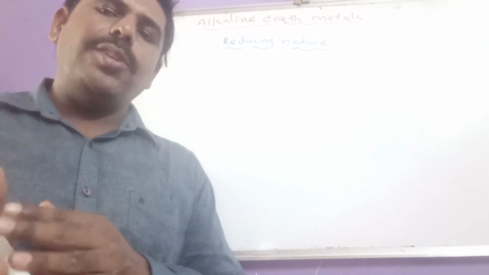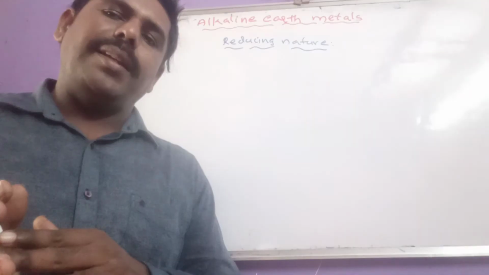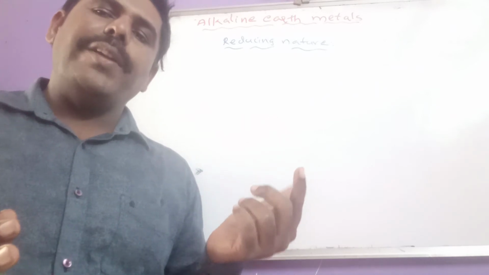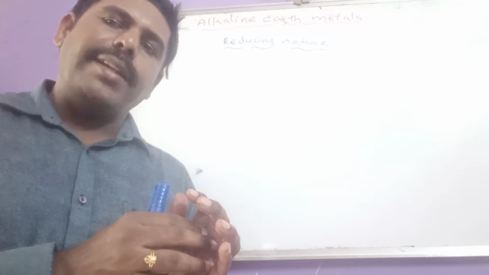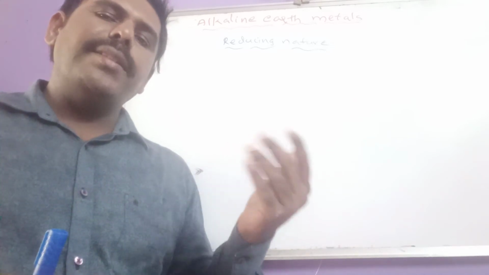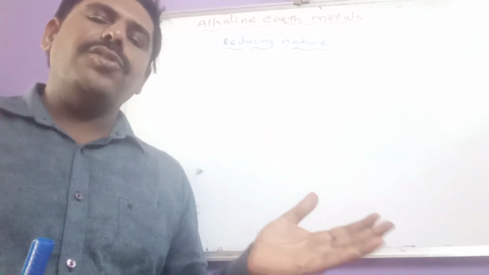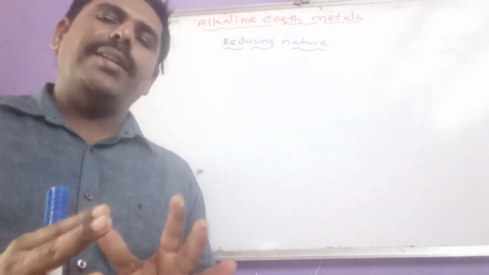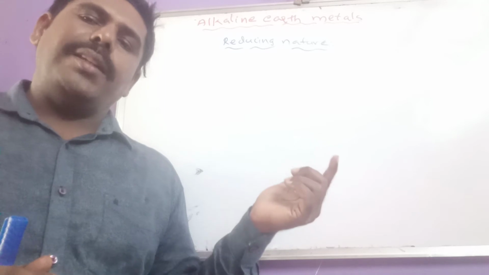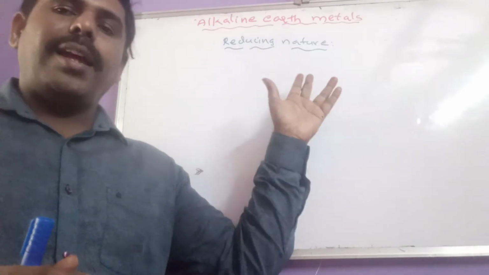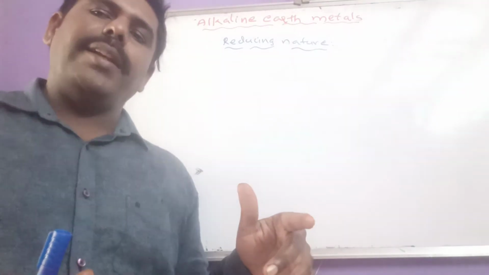Now, comparatively with alkali metals, of course, these have less reducing capacity because as atomic size decreases, the tendency to lose electrons also decreases. So comparatively with the corresponding first A group elements, these have less reducing tendency.